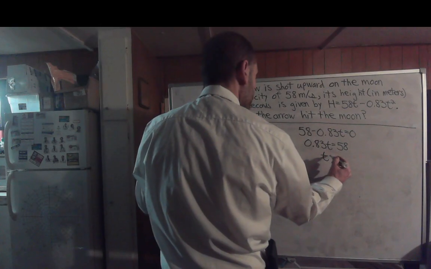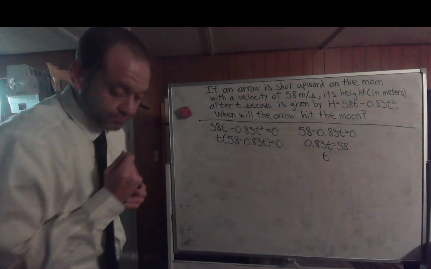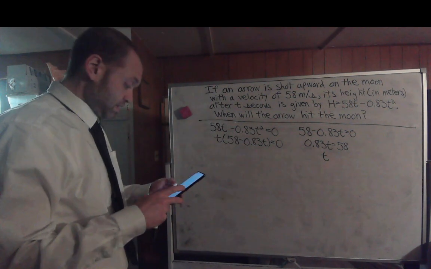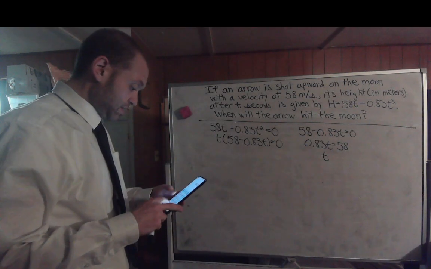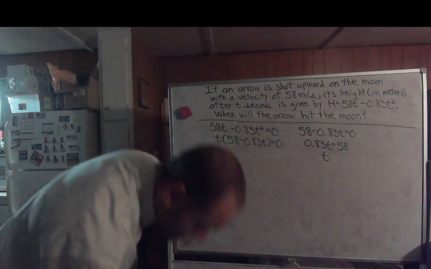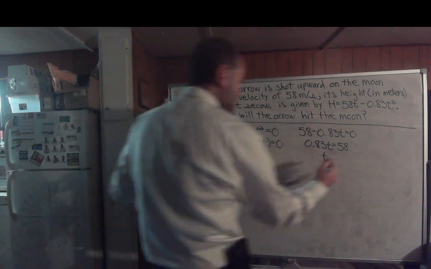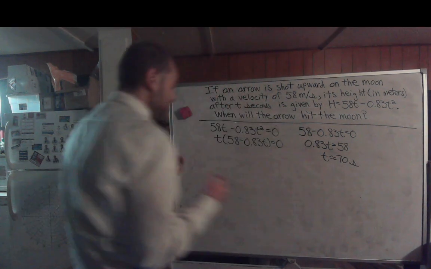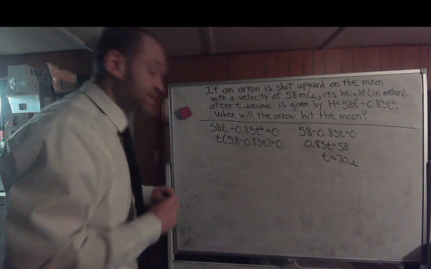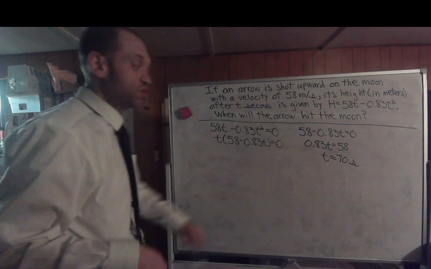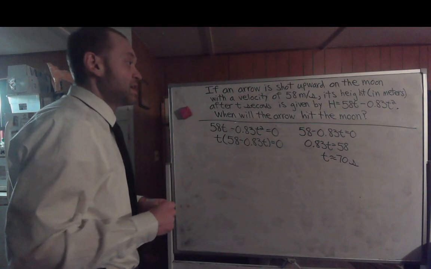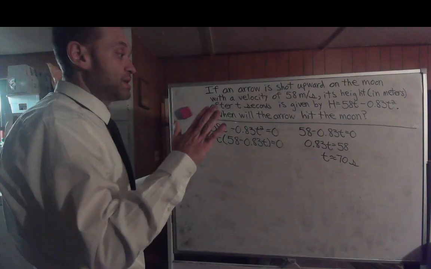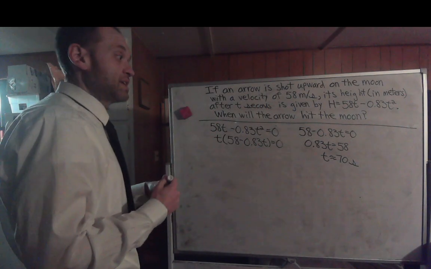Let's see what we get for t. That's approximately 70 seconds. So it's 69.8795 approximately. We're just going to say 70 seconds. So at 70 seconds, the arrow will hit the moon. So the arrow is in the air for about 70 seconds.